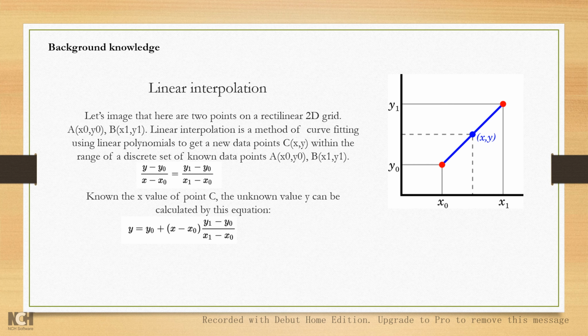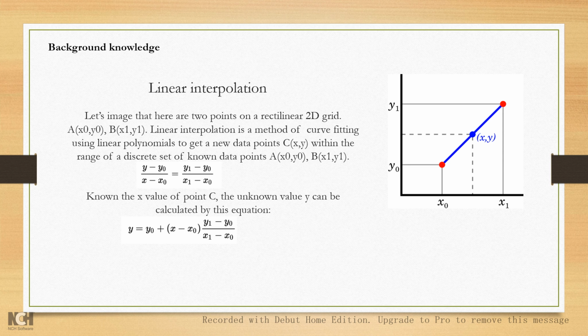To resize the image, I want to use the bilinear interpolation. But before we know what is bilinear interpolation, we need to first know what is linear interpolation. Let's see these pictures. Imagine that there are 2 points on a rectangle 2D grid, A and B. So linear interpolation is a method of curve fitting.